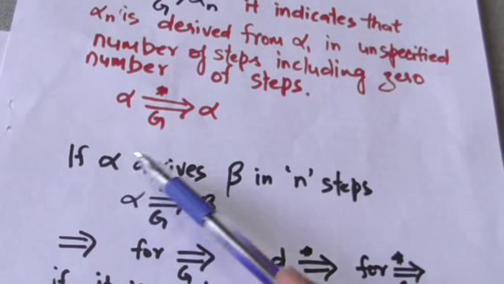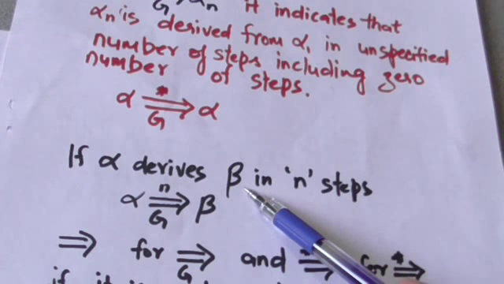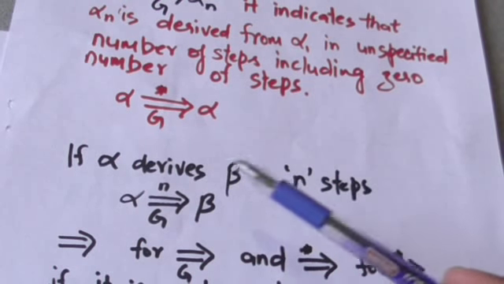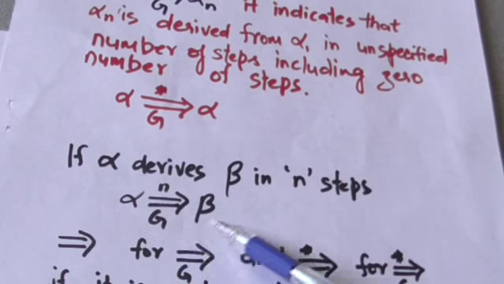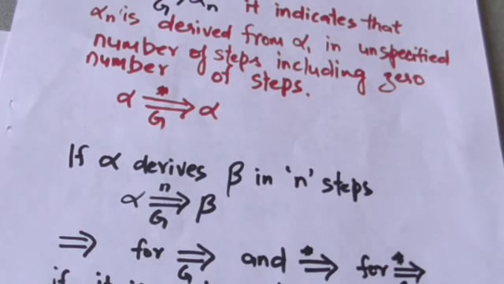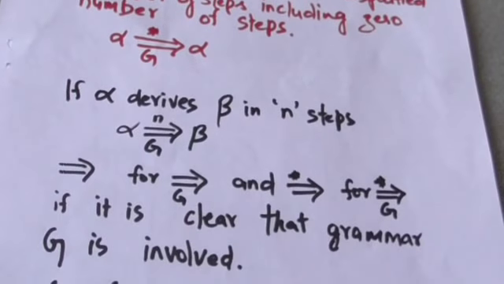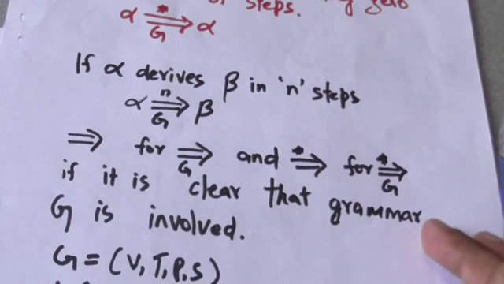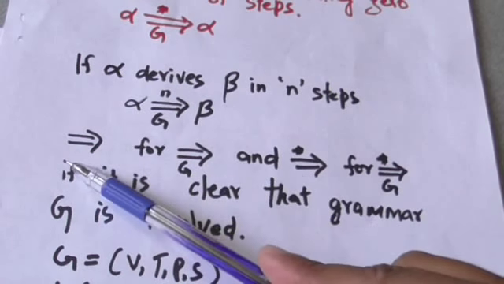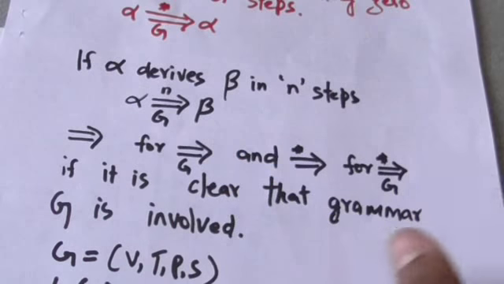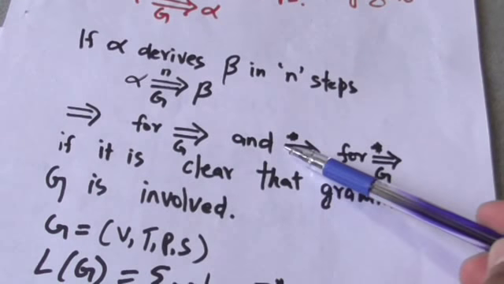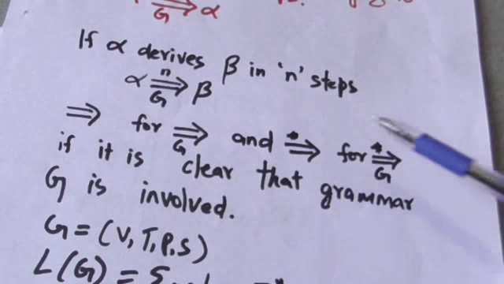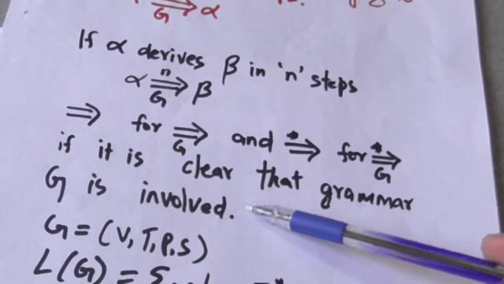If alpha derives beta in n number of steps, then we can specify it like this, right? We can use this symbol for this symbol, and we can use this symbol for this symbol if it is clear that grammar G is involved.